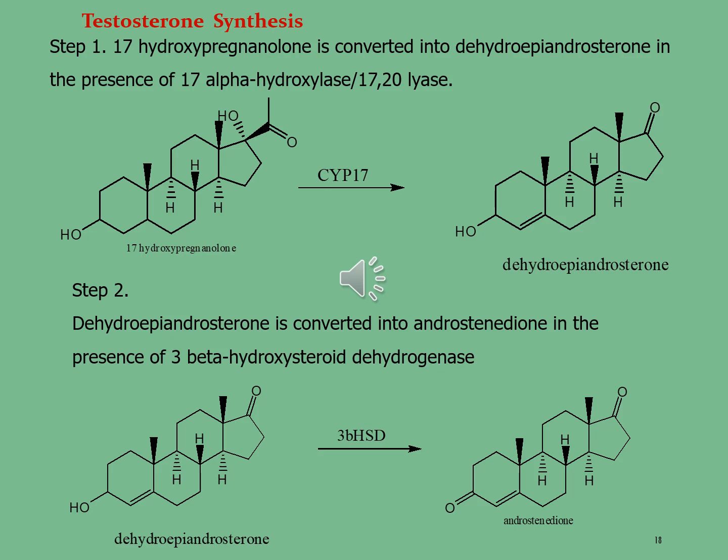In addition, a carbonyl group at carbon 17 position. So the only change that takes place at carbon 3 position is the presence of a carbonyl group in the androstenedione instead of the hydroxyl group, which was present in the previous structure, dehydroepiandrosterone.